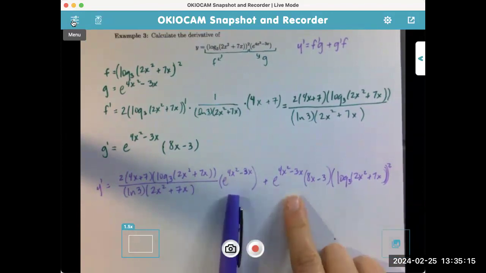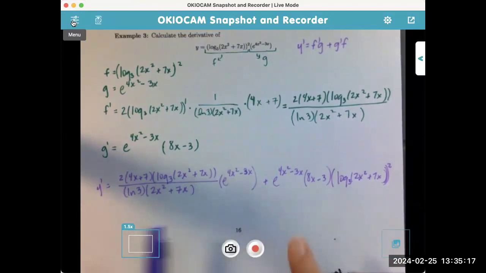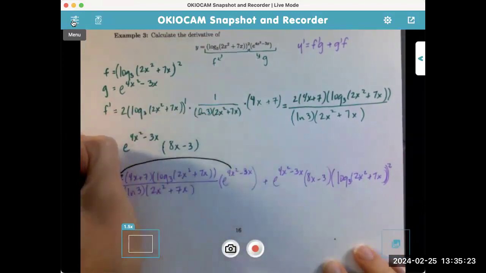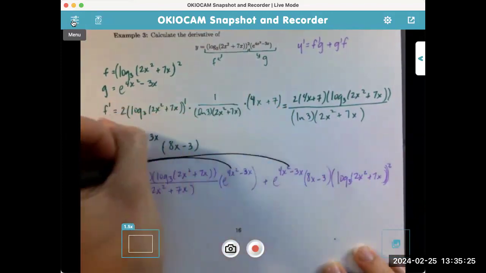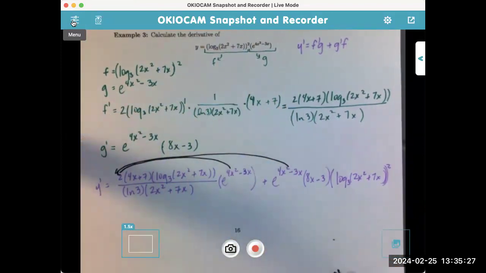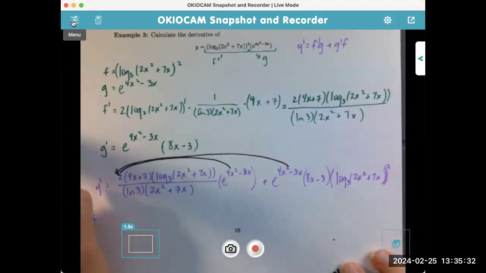Now, because they both have the e term, what we want to do, because eventually we're going to be solving this stuff, it won't be as crazy, but when we hit first derivative rule, second derivative rule, that stuff, we're going to be solving. So let's just get in the practice of taking that e out.